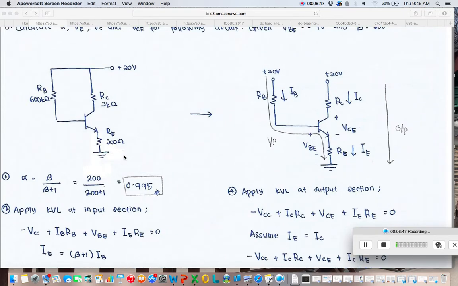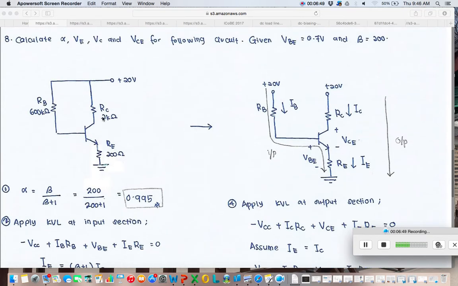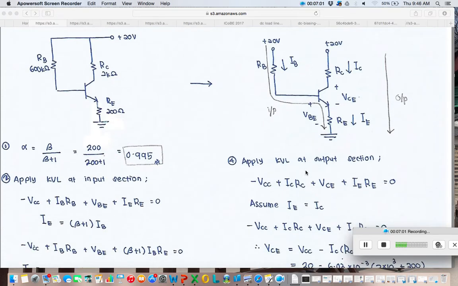Then again, to obtain VCE, VE and VC, you need to identify the input section and output loop section. So here, the circuit is divided and the power supply split, one connected to RB and another one to RC.